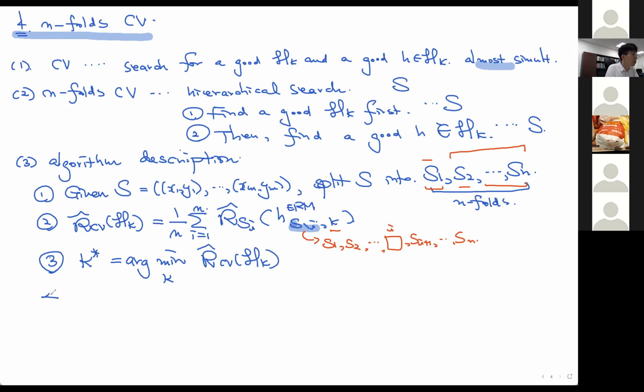And then finally, once K star is chosen, we find the hypothesis in the hypothesis set HK star. And what we return is something that minimizes empirical risk over all the examples in S.